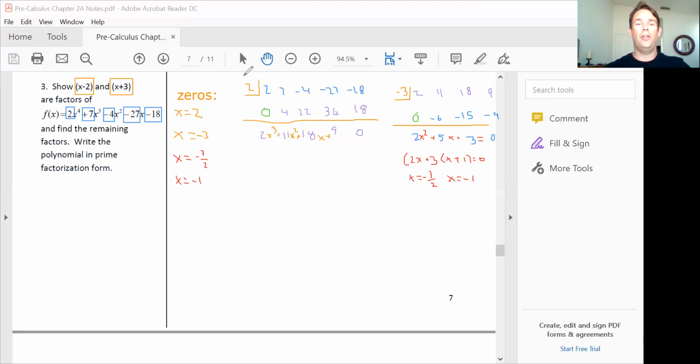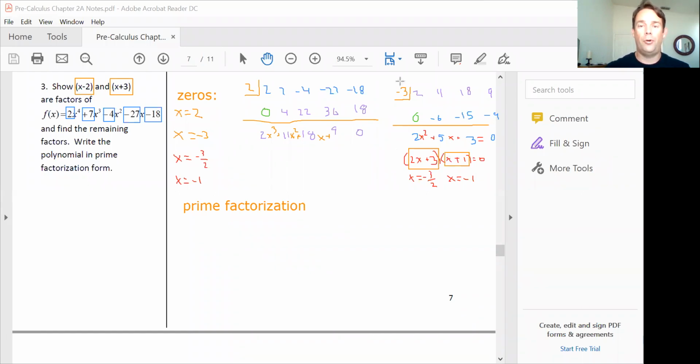Now the last part of that is to write the prime factorization. In other words, what they mean by that is this. We had 2 of the roots. Notice I have 2 more roots, or 2 more factors here. Although, I did forget a parenthesis. So notice I have 4 factors.